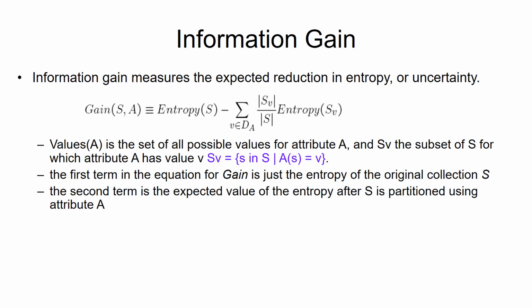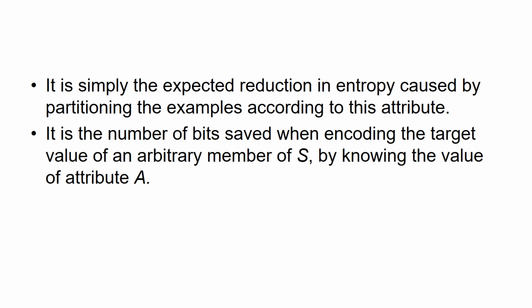So the measure of impurity in the original collection minus the measure of impurity once we have a partition using an attribute A. And see which gives you the best gain and select that as the feature to divide. It's simply the expected reduction in entropy caused by partitioning the samples according to the attribute. It is the number of bits saved when encoding the target value of an arbitrary member of S by knowing the value of attribute A.